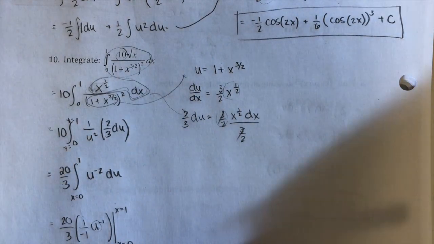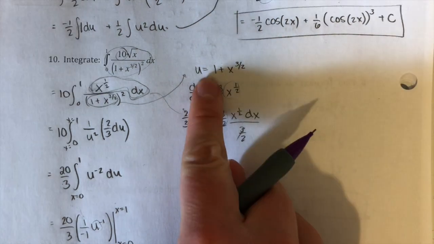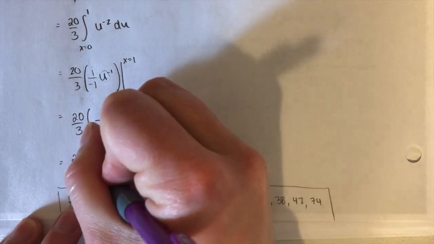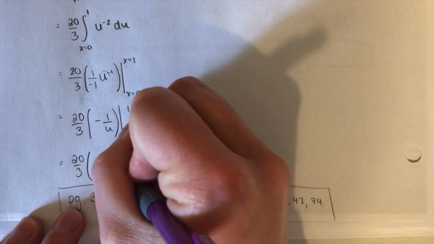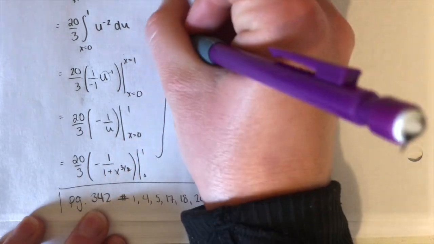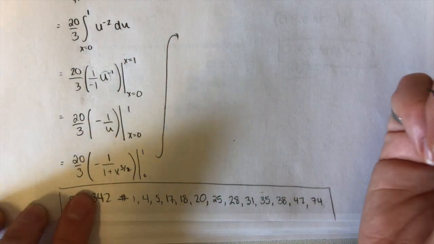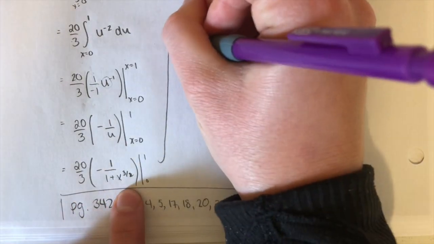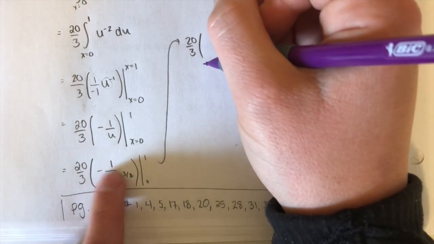So this is going to be the same as -1 over, remember that u was 1 plus x to the 3 over 2. So when I do that, I'm going to have 20 over 3. Remember, we take the top one and then subtract the bottom value.